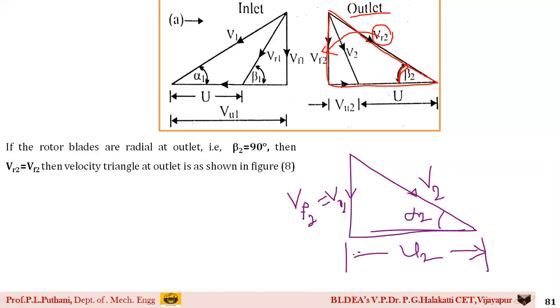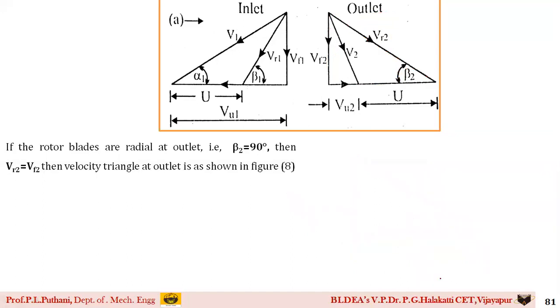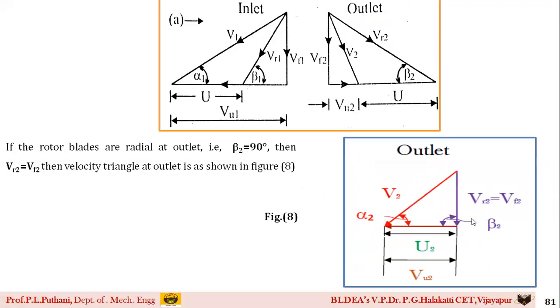Similarly, we will have Vu2 also, which means Vu2 is equal to U2 in this case. Just see the new sketch. As I said, VR2 is equal to Vf2, beta 2 is equal to 90 degrees, and you can see carefully that U2 is equal to Vu2. The condition is that the rotor blades are radial at outlet.